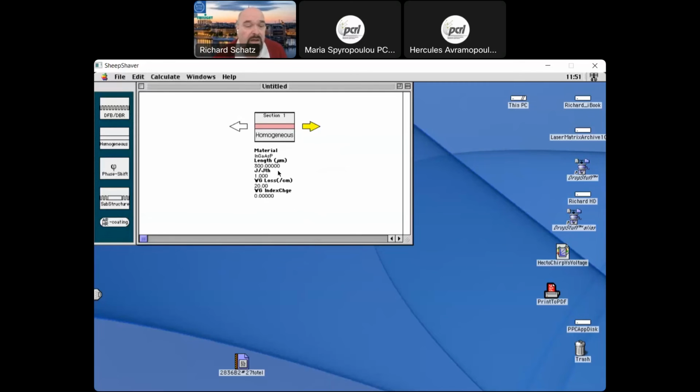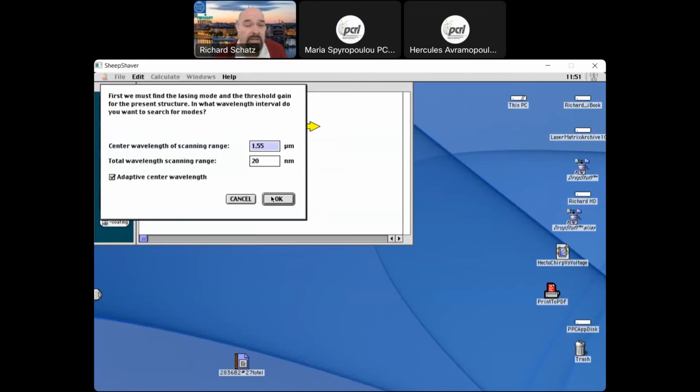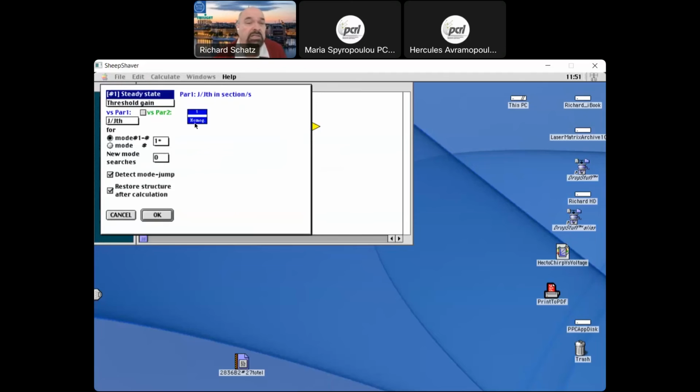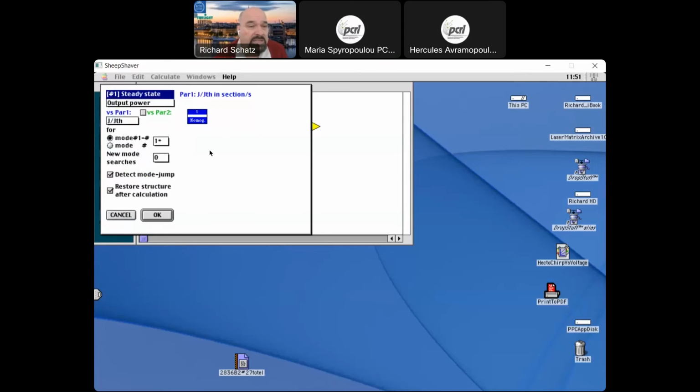So then let's see how such a laser works. We can just calculate first this versus that, and then it asks which wavelength range I want to calculate, and then here I can calculate, for instance, the output power of this laser as a function of current density over threshold current density.